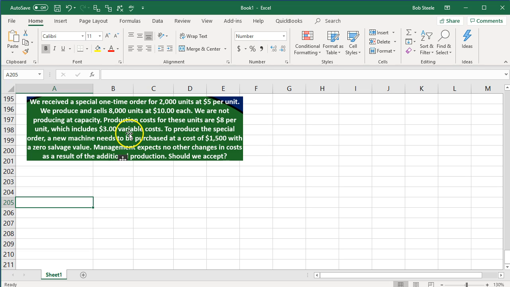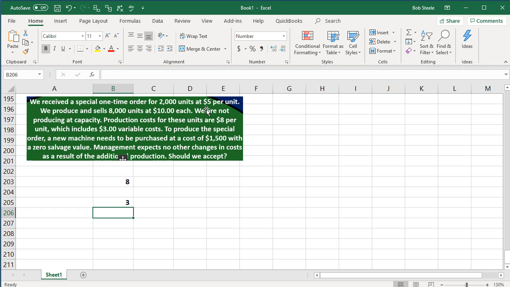Which includes $3 of variable. So the total cost is $8, but only $3 of those are variable costs. And that's less than the $5 offer, and that's really the relevant data.